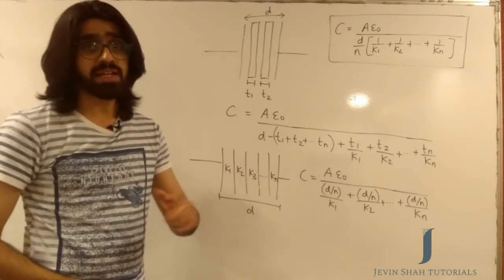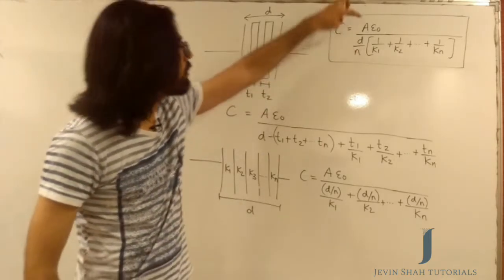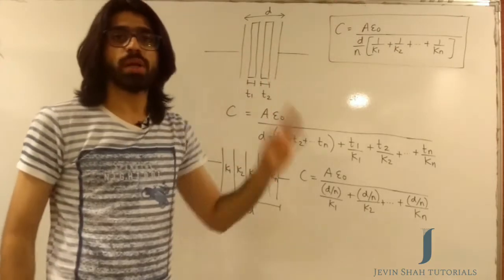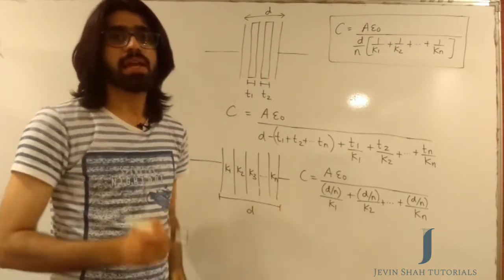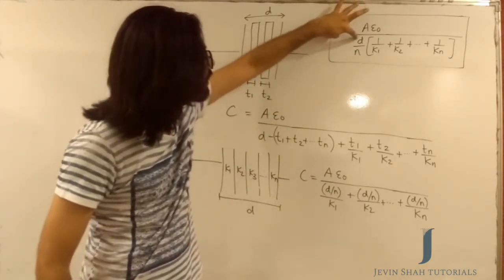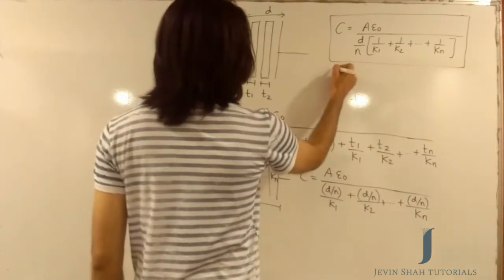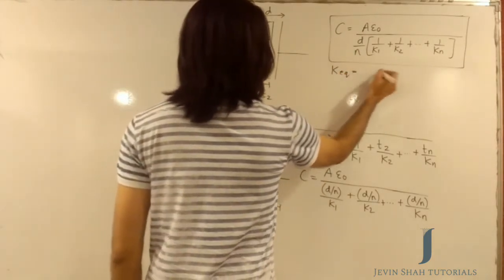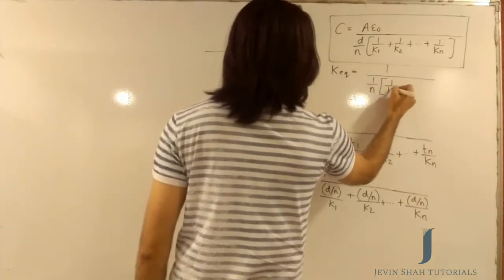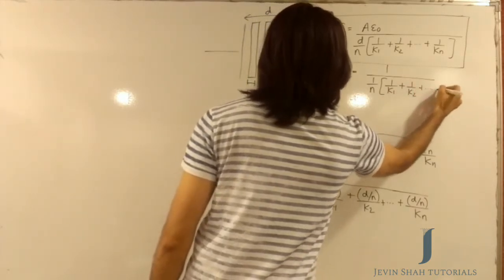This is where I need you to again find an expression for K equivalent. You can compare the formula with A K epsilon naught upon D. So whatever comes in place of K is going to be your K equivalent. So if you eliminate A epsilon naught upon D, whatever is left over with you is K equivalent. So I can say that K equivalent would be 1 upon 1 by n into 1 by K1 plus 1 by K2 plus 1 upon Kn.